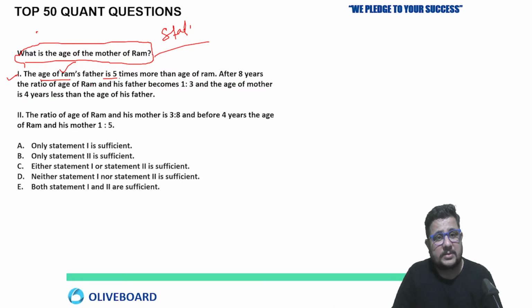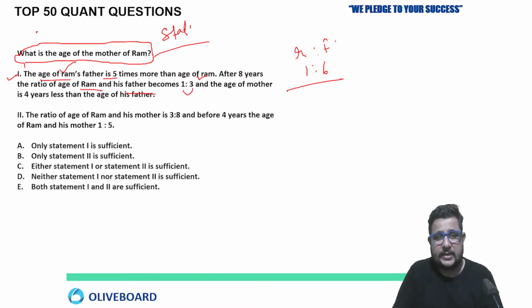Yes, very good, Arnav. Age of Ram's father is 5 times more than the age of Ram. So 5 times more than means the ratio of Ram's father to Ram is going to be 6:1. After 8 years, the ages of Ram and his father become 1:3.